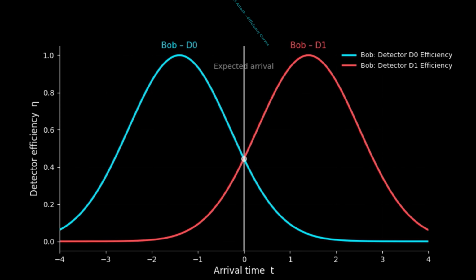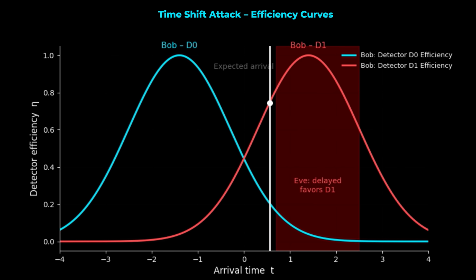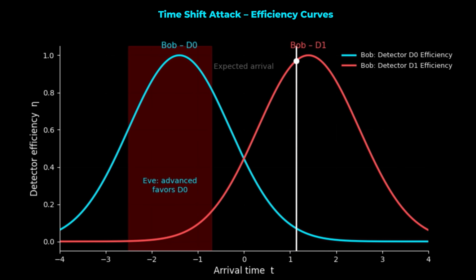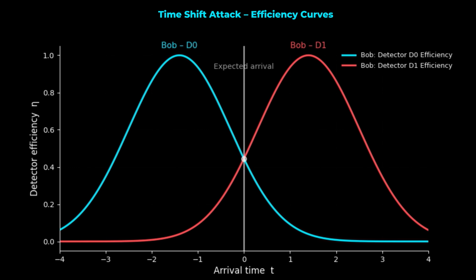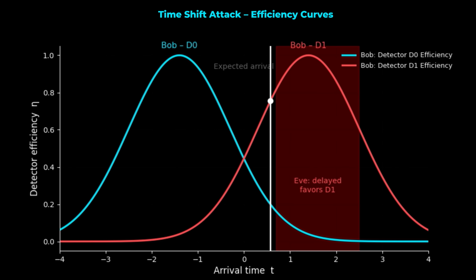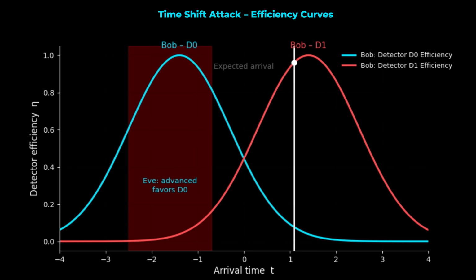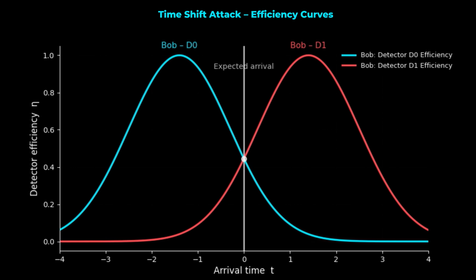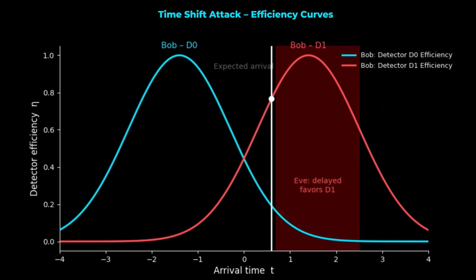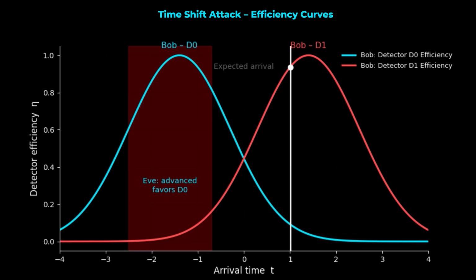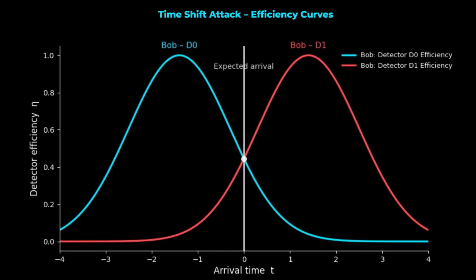In this graphic, we're looking at the inner mechanics of the time shift attack, one of the most subtle and devastating side-channel exploits ever demonstrated against real quantum key distribution systems. What you're seeing are the efficiency curves for Bob's two single-photon detectors, labeled here as Bob-D0 in cyan and Bob-D1 in red.